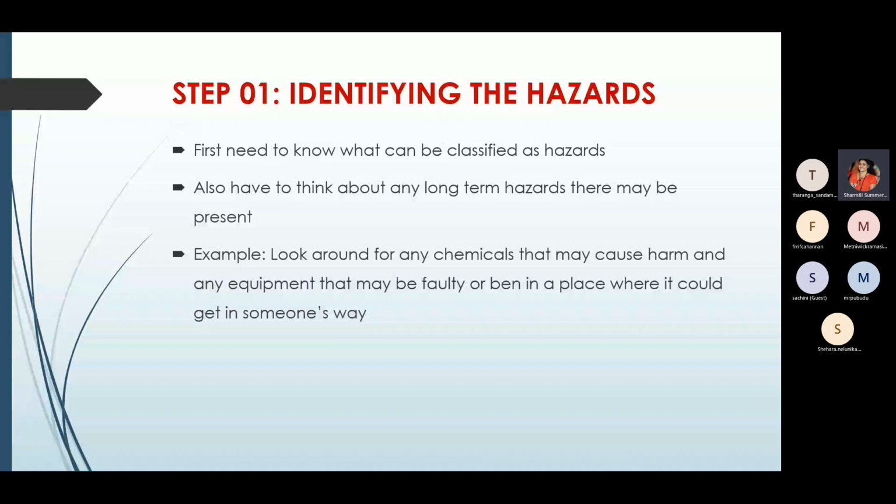Once you identify the hazard, then you need to decide who will get harmed or injured and how this hazard is going to harm them. Think about the possible health risk or injury that could be caused to an individual.